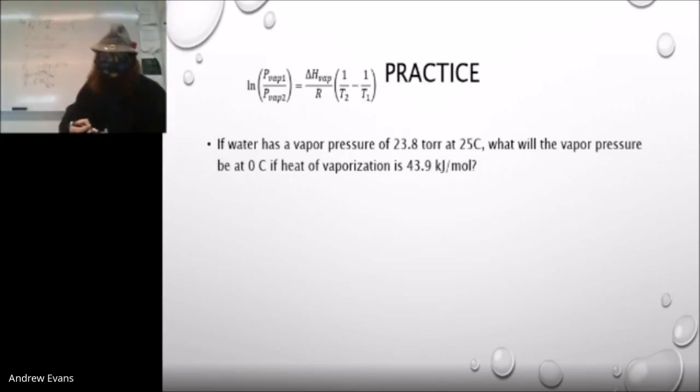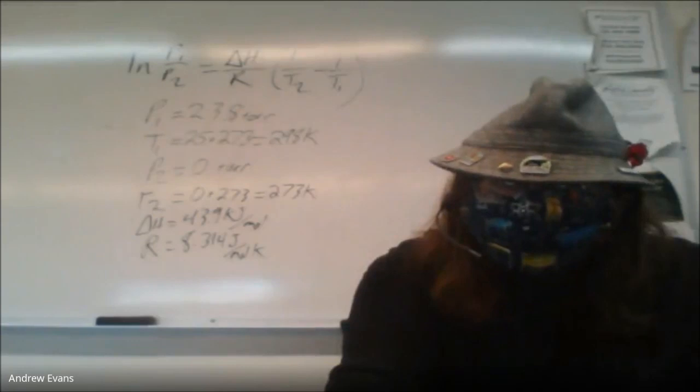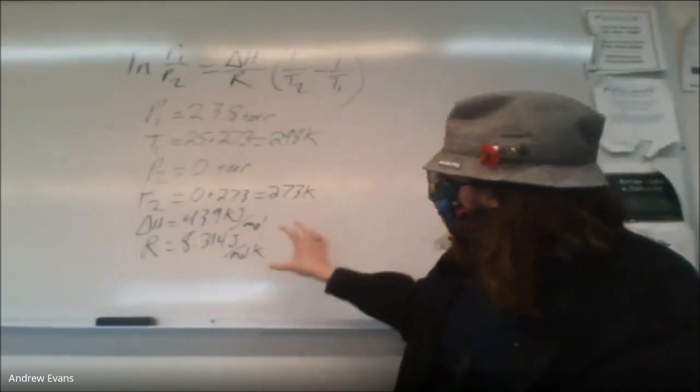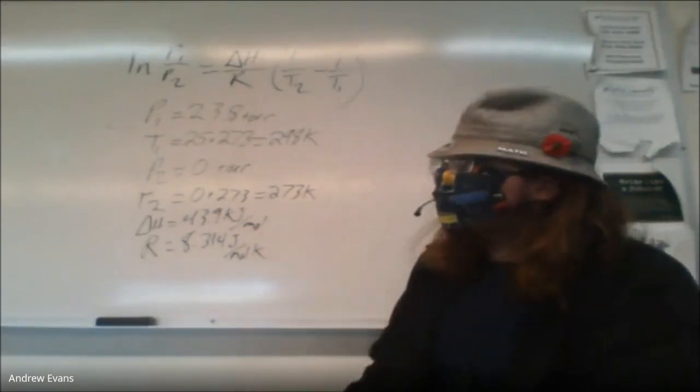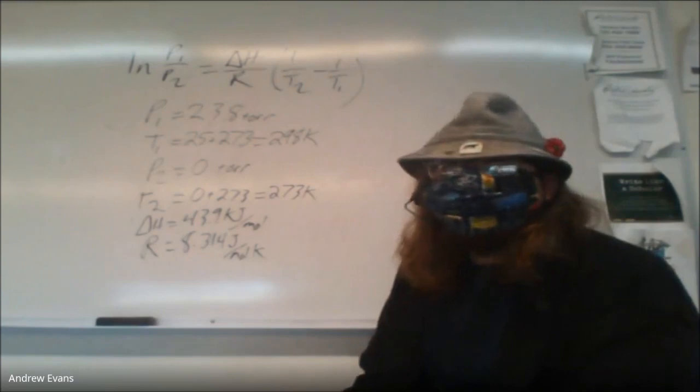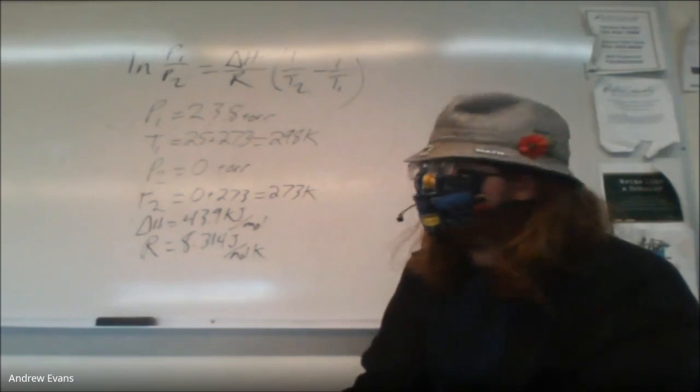Okay, so looking at our equation, we see that we're going to have P1 over P2, then 1 over T2 minus 1 over T1. Now that's going to become a little bit of an issue here in that we're going to have 1 over a variable.